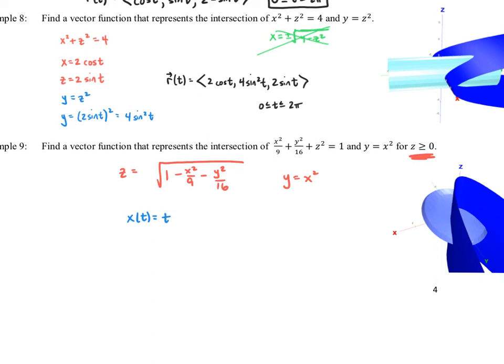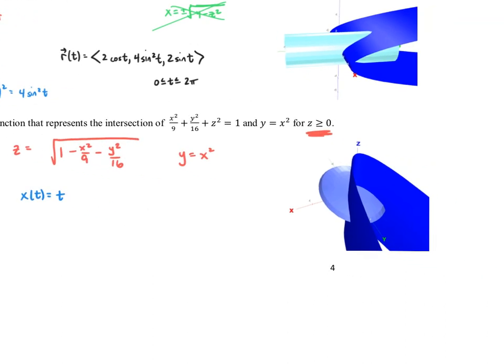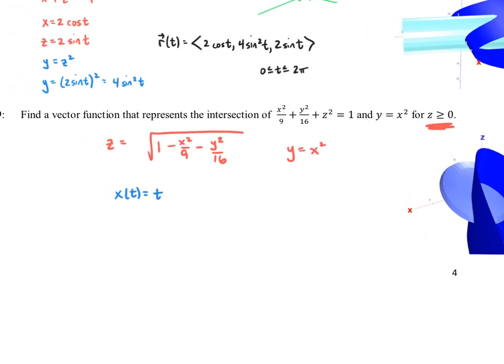But here we don't have that. In other words, we're not being told that there is a specific type of restriction. If you look at your graphs over here, x can be all sorts of things. So if we come up with a parameter that restricts x, we're going to be in some trouble. Okay, so I'm going to let x be t, which is really simple, I know, and a little bit weird, but let's just go with it for now.